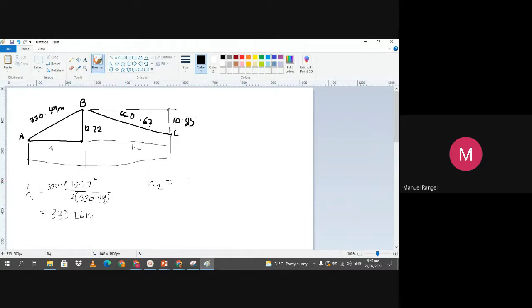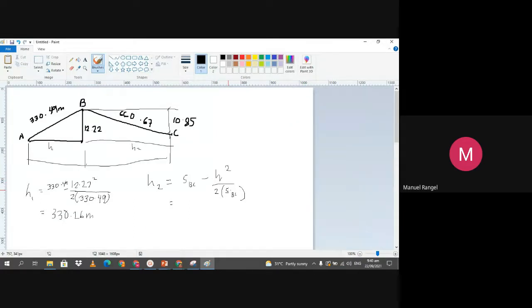So H2 is S2, the slope from B to C, minus 10.85 squared divided by 2 times the slope from B to C. So that is equivalent to 660.67 minus 10.85 squared divided by 2 times 660.67.